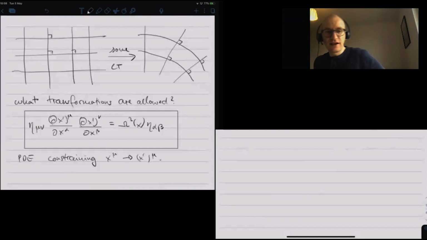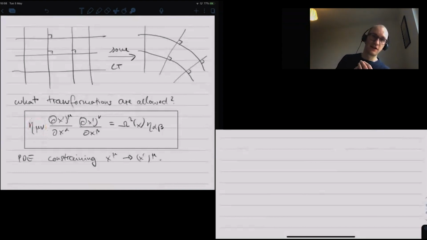And let me make one more comment. I have fairly quickly gone to just putting flat space here. So I'm now asking about the conformal group of Minkowski space. I'm asking what conformal transformations we can do to Minkowski space.